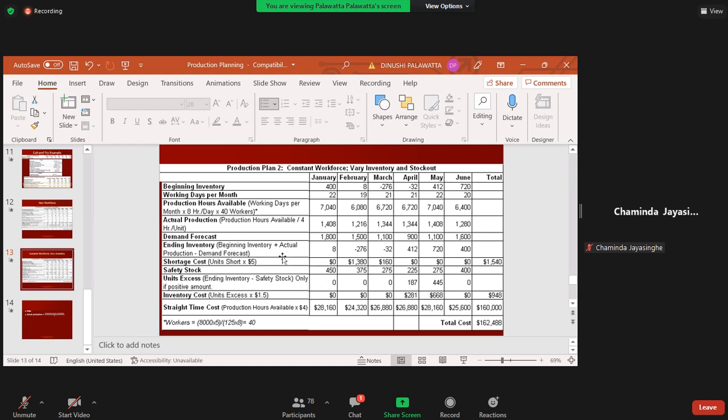Then beginning inventory plus actual production, 1,808, minus demand forecast, you get 8 units. And those 8 units will be your inventory.